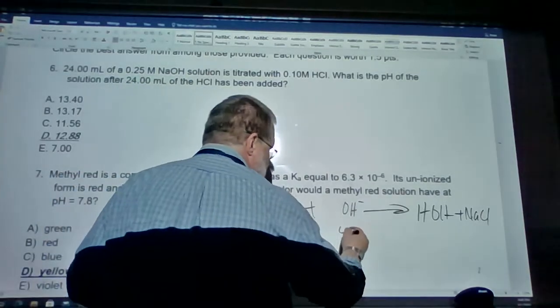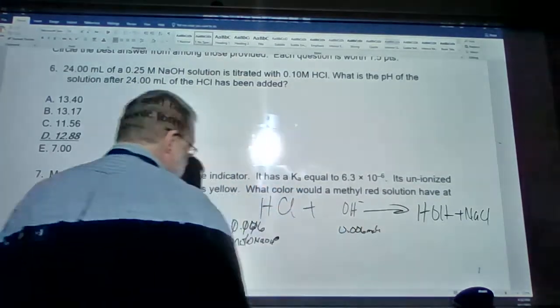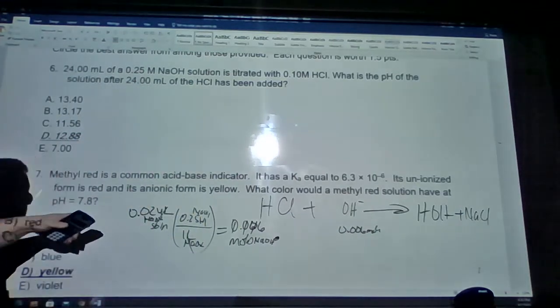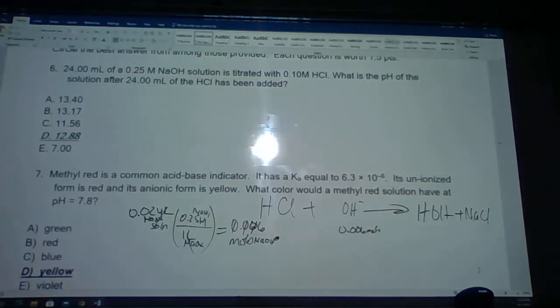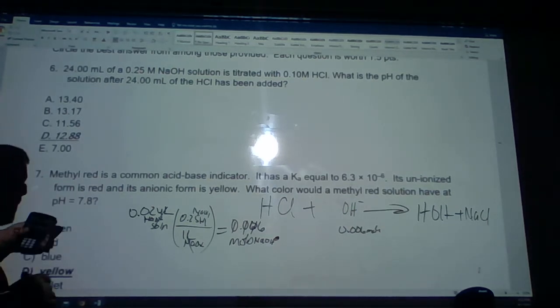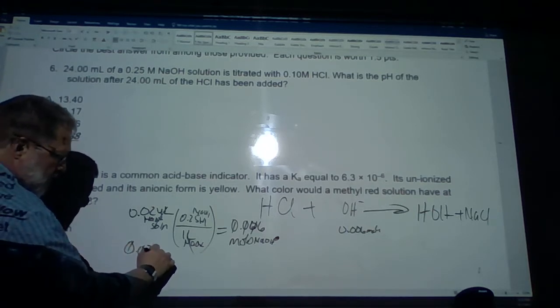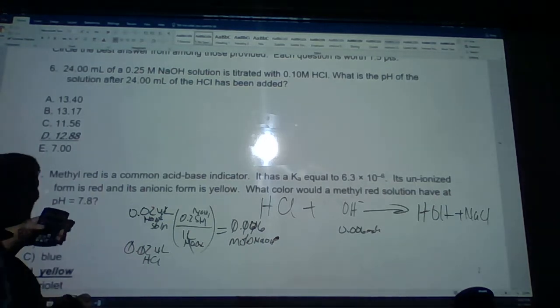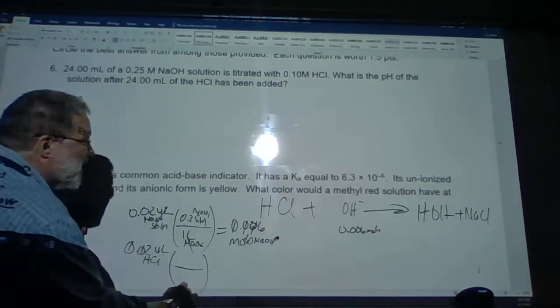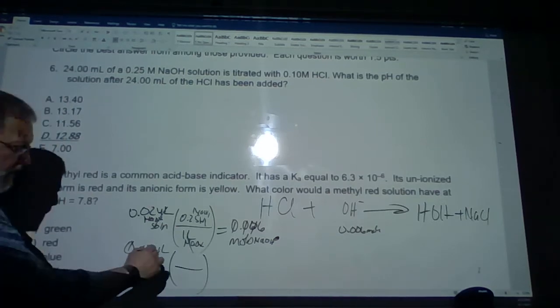So we have 0.006 moles of OH. We have 0.1 molar HCl. We've added 0.024 liters HCl solution. It's not 0.25 molar, it's 0.1 molar HCl.